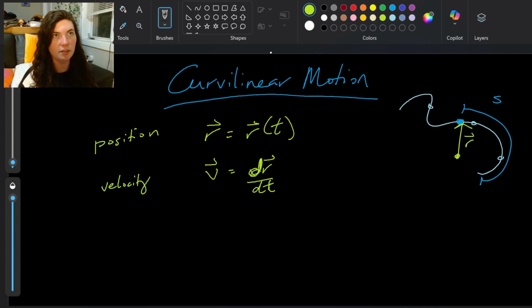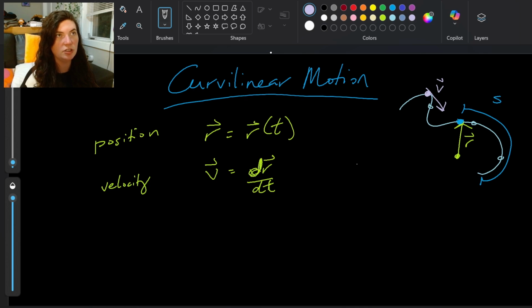And with a few different qualifiers. One of these qualifiers is that velocity is always going to be tangent to the curve. So anytime we have our particle, let's say our particle is right here moving along this line, our velocity is tangent to that curve. It just touches at one single point in the direction of travel there.